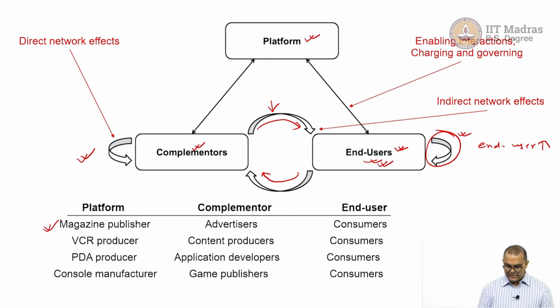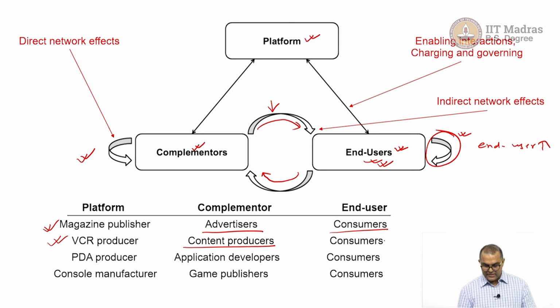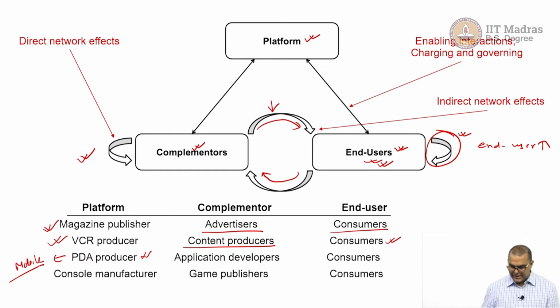On a magazine, advertisers are complementers, and news readers are consumers. For a VCR, the content producers, the movie-making houses, the big houses, are complementers, and consumers are end users. For a PDA, earlier we used to have palm-held devices, or you can say that these days mobile is equivalent to a PDA, application developers are complementers, and end users are consumers.